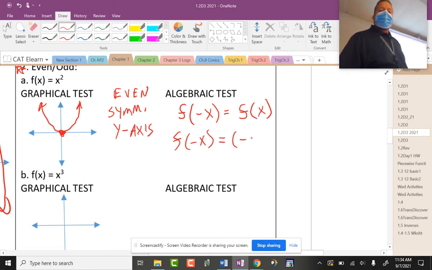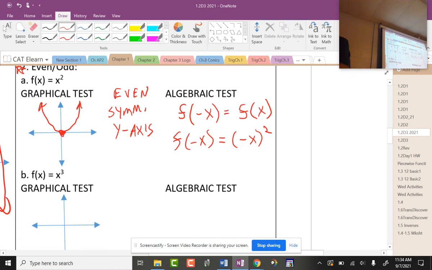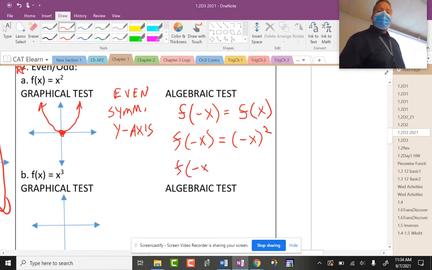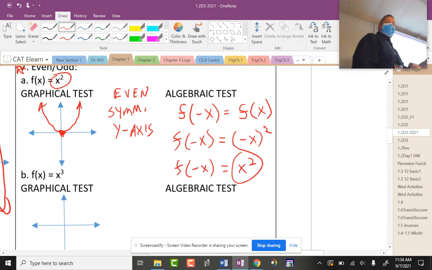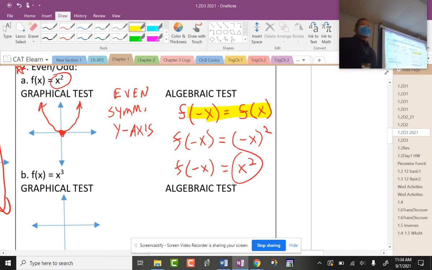This is how it has to be plugged in, folks. You're inserting a negative x for x, so that is how it's going to look. By the way, everyone, what's a negative squared? Positive. Notice when I plug in negative x for x, I get exactly what I started with. Since that is the case, you have an even function, and that's the work that proves it.